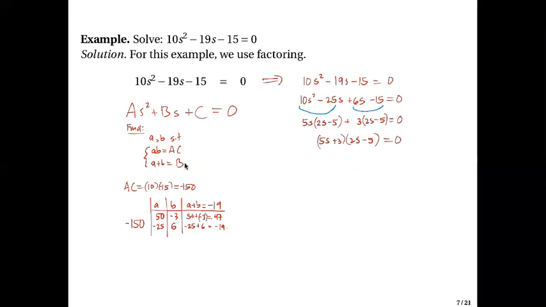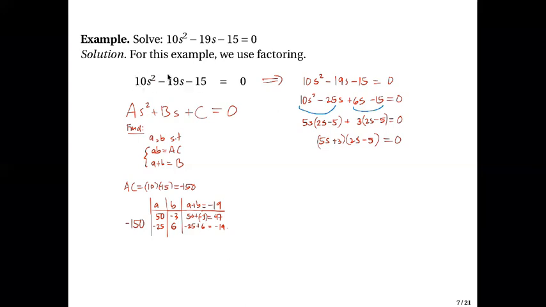So, factoring. If you are not yet comfortable in factoring, especially quadratic equations, keep on practicing. Especially those expressions where the s squared or x squared part has a coefficient other than 1.